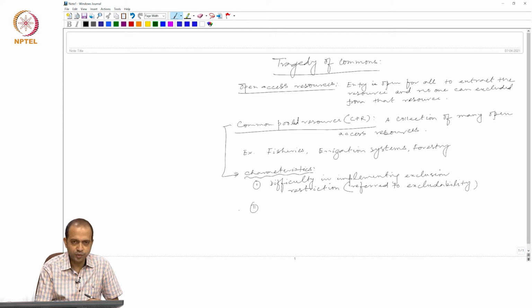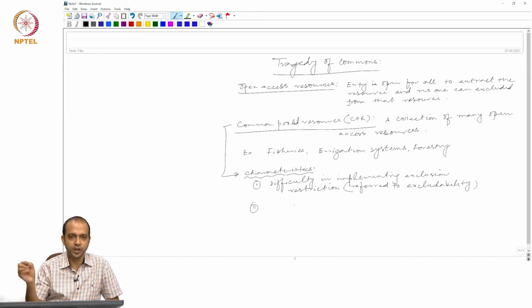This feature is similar to public good, but the second feature of common pool resources, which is different from public good, is called subtractability. That means if the resource is used by one, that makes less amount of resource available for others.